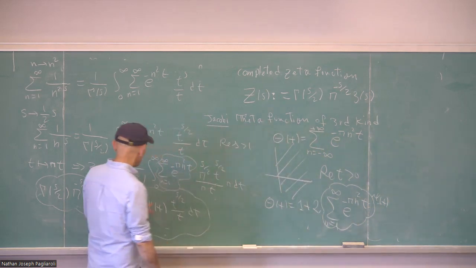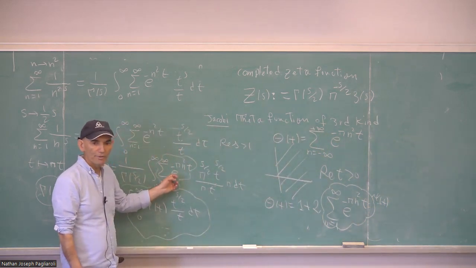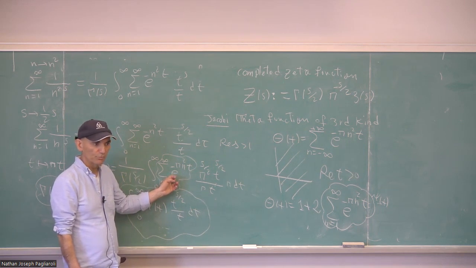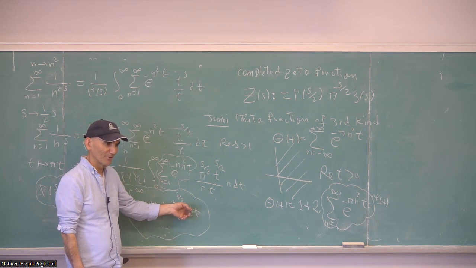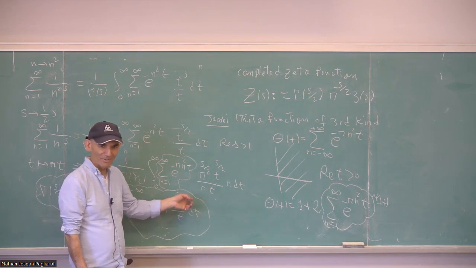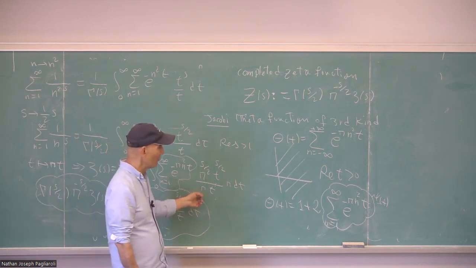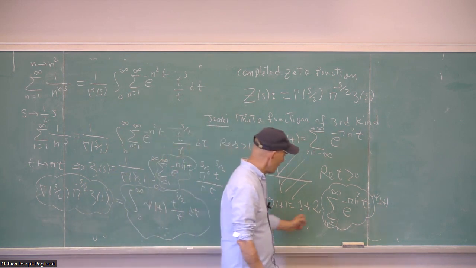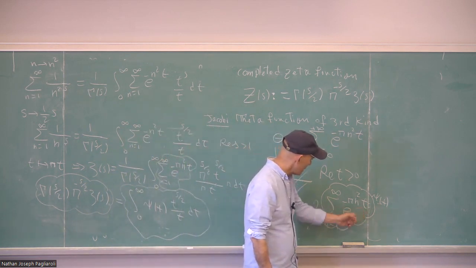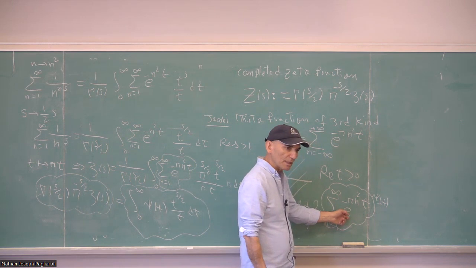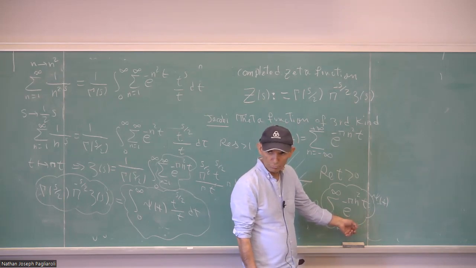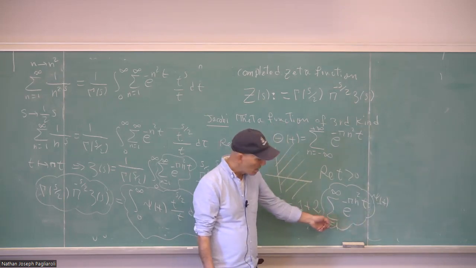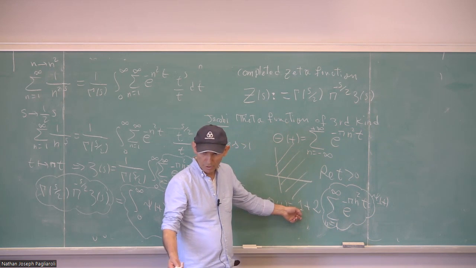First of all, we connect to Riemann, and now we know why Riemann made these strange moves: he wanted to reach his beloved theta function, because he knew he could do something with it that no other function can do for him. And that's what we'll see now. Also, the limit as t goes to infinity: obviously this part goes to 0 because all these terms rapidly go to 0, and this is 1. So this is the constant.